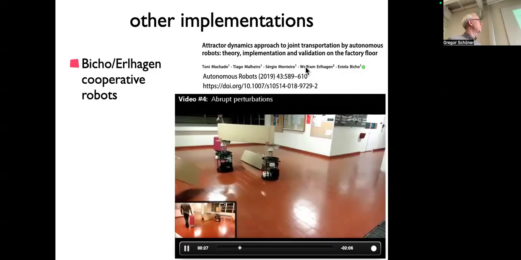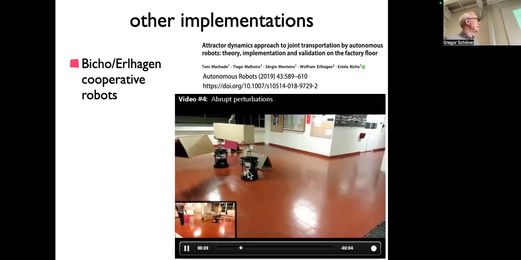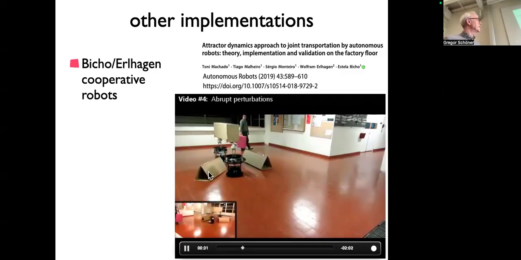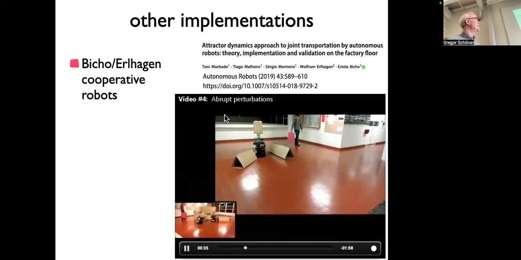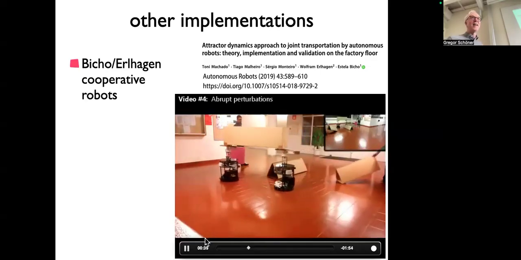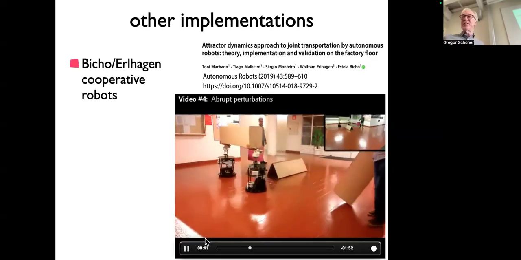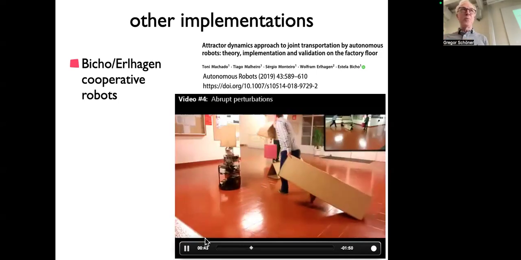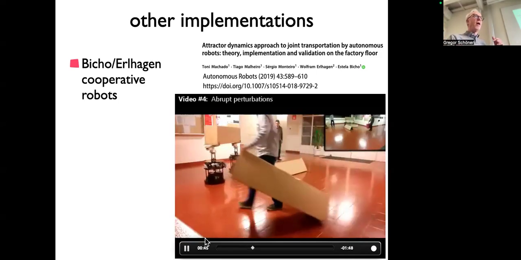There's a very cool paper that you can look up where this one avoids an obstacle, and keeps the load balance. It's really extraordinarily cool. It's all really just what I taught you, but it has more forces.